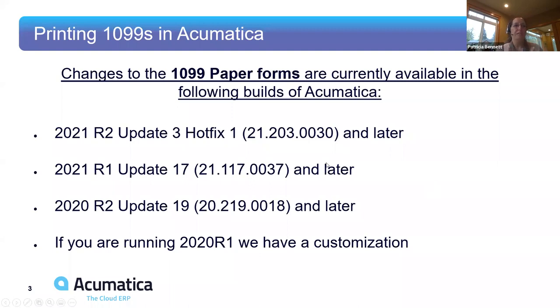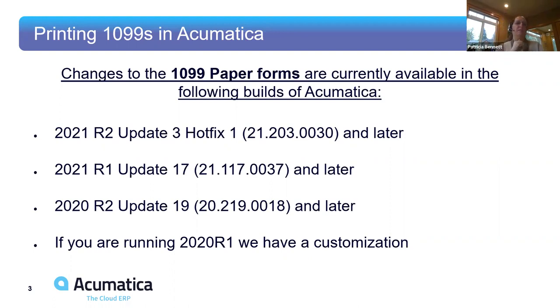So printing 1099s. The format of the 1099s has changed in 2021, especially the NEC. The NEC 1099s are now 3 to a page instead of 2 to a page. And there may be some changes in the different fields. So this is very, very important.